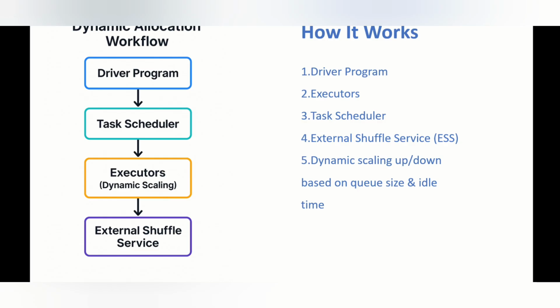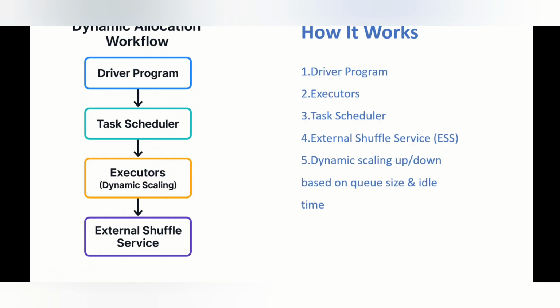But the external shuffle service will help us in that case. When any executor puts any data or file while doing the shuffle operation, this service, ESS, will also register that this executor put this data in that particular location.